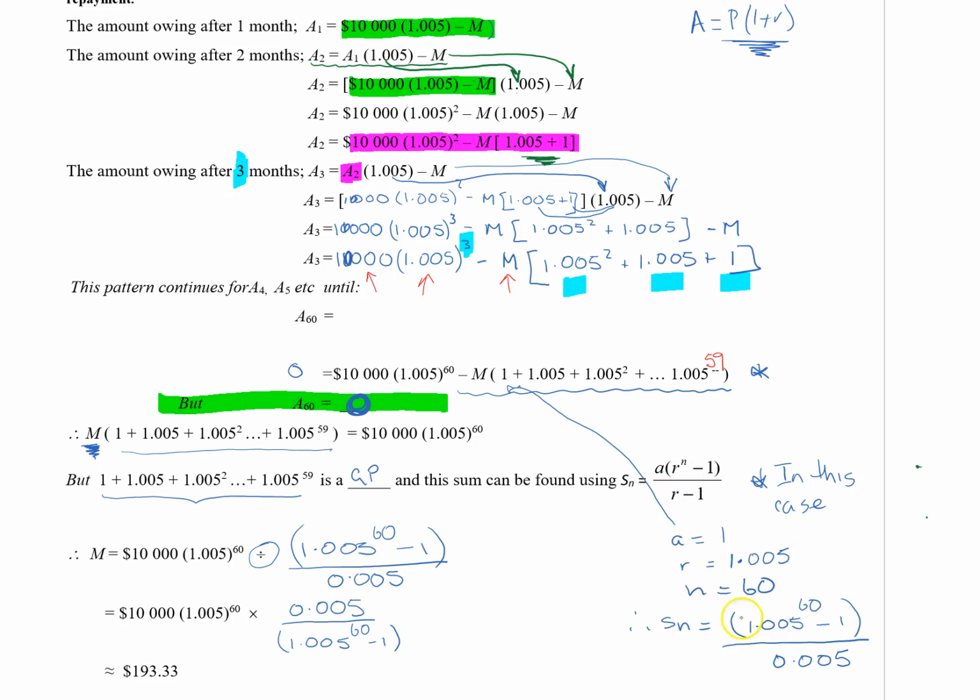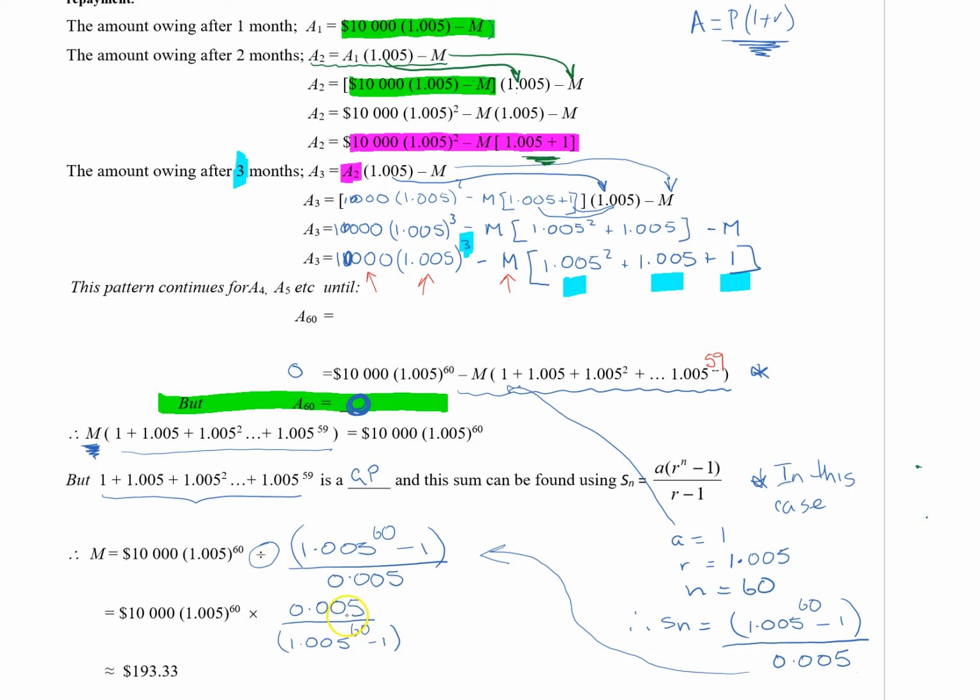So the sum to n terms is a, which is 1, times 1.005 to the 60 minus 1, over r, 1.005 subtract 1, which goes back to 0.005. So you can see then that I've taken that and I've put it into this position, because we had established back here that we want the m by itself, so we're going to divide both sides by the sum of the GP.